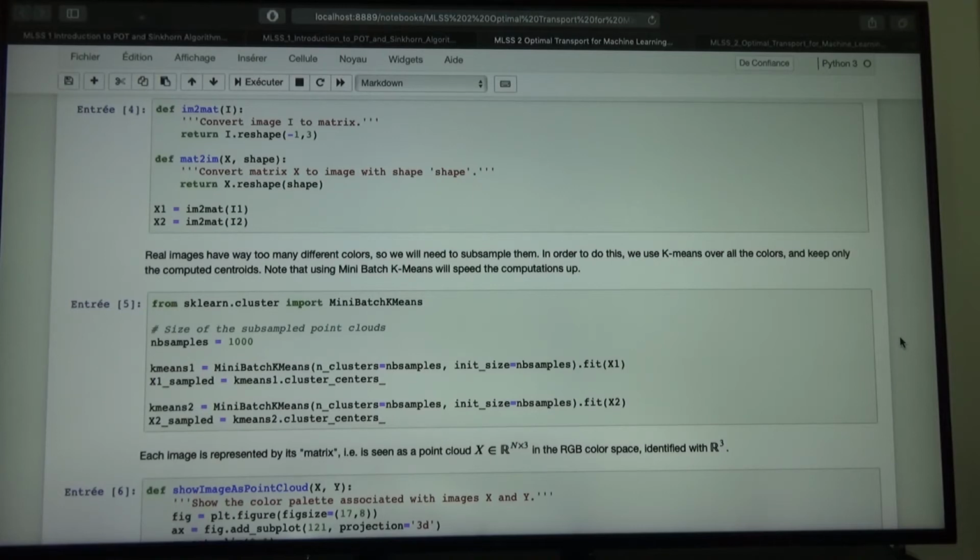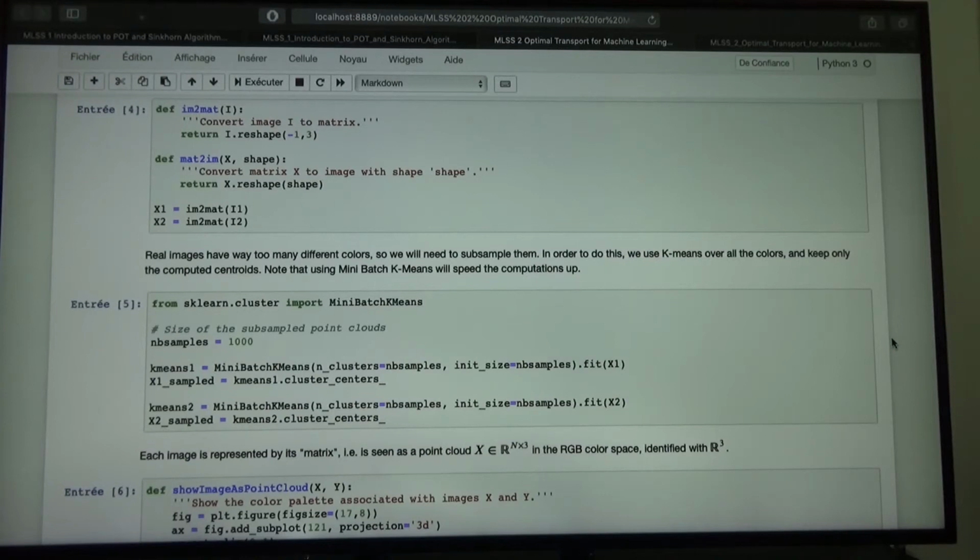Okay, so in order to do this, we do k-means. So we're going to say, okay, take my point cloud, and I'm going to compute, let's say, 1,000 centroids, just 1,000 k-means, right?